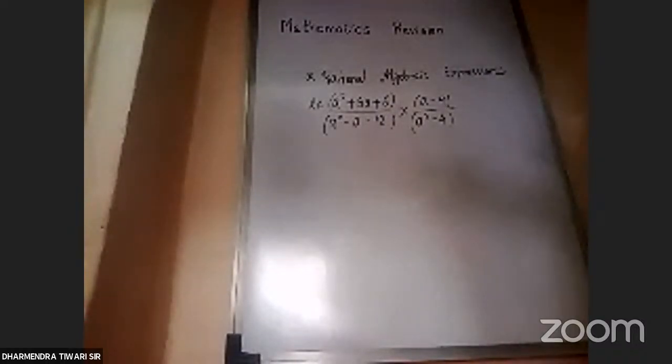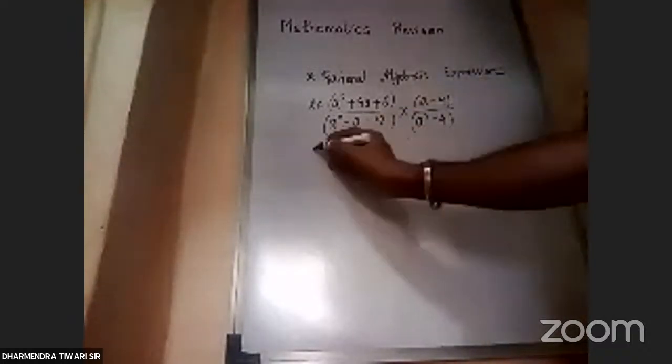Hope we can easily solve this. Only thing is that you should be good in factorization. Hope you have practiced all the problems that I've done as well as the problems in the textbook so that we can easily factorize this.